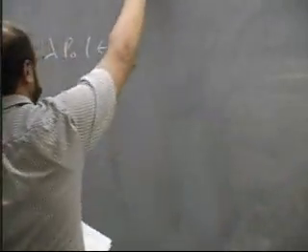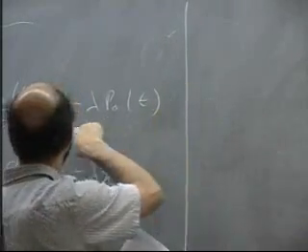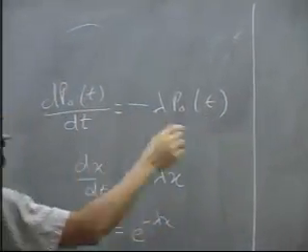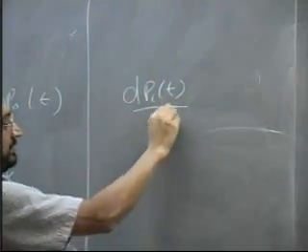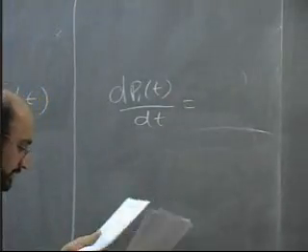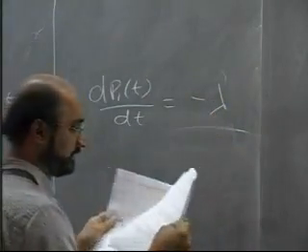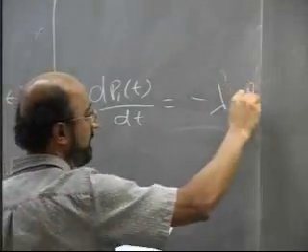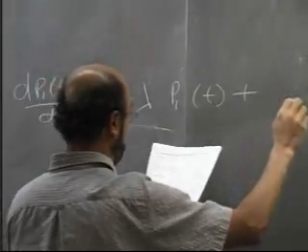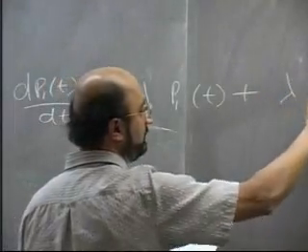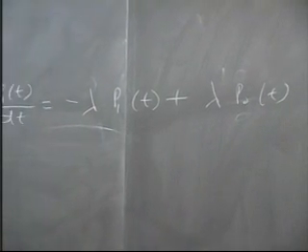The other equation we have is that dp1(t)/dt equals minus lambda p1(t) plus lambda p0(t).